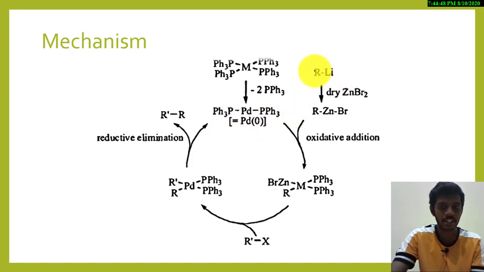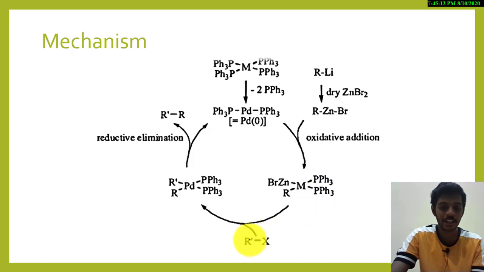After that, oxidative addition happens. If R lithium is present, it is reacted with dry zinc bromide to form RZnBr. Here RZnBr is added, BrZn will be added in one place, and R will be added to the metal, and 2 triphenylphosphines will be attached to the metal.